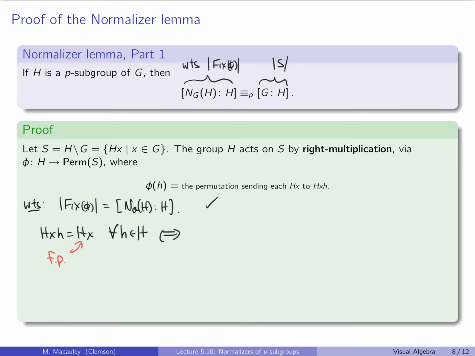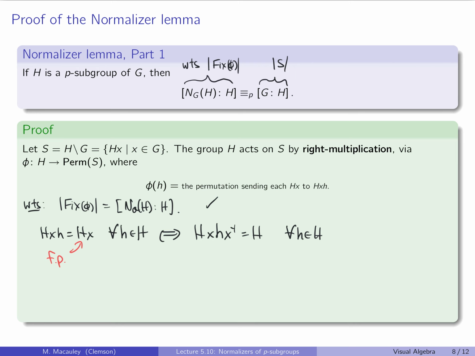Move the x over. If and only if x h x inverse, so big H x h x inverse equals H, for all elements little h.